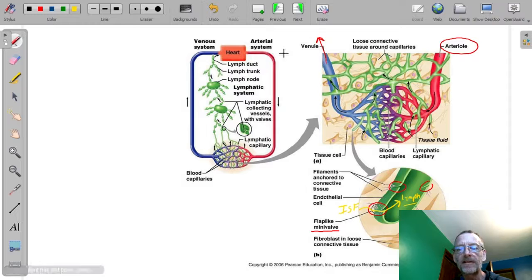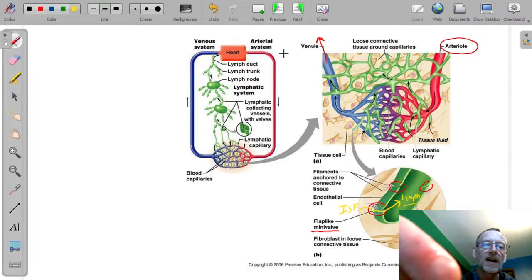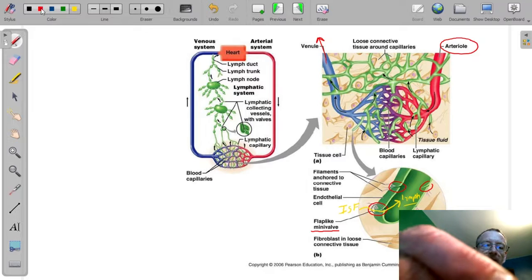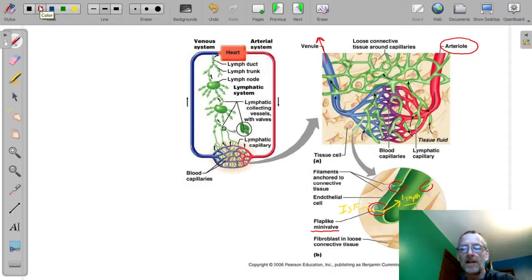And the upper left figure is basically showing the same idea. After the fluid is absorbed into the lymphatic vessels, it travels through them. There are little valves that look like these little nodes along the way. They're just swellings. So it's similar to the veins in the venous circulation to prevent backflow.